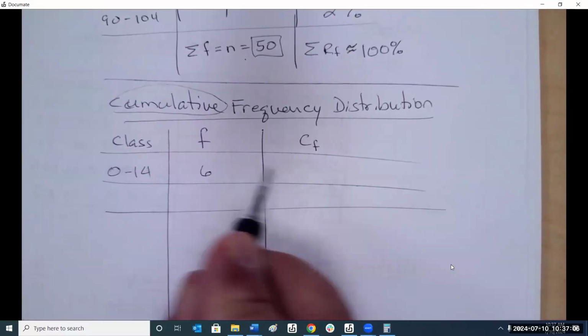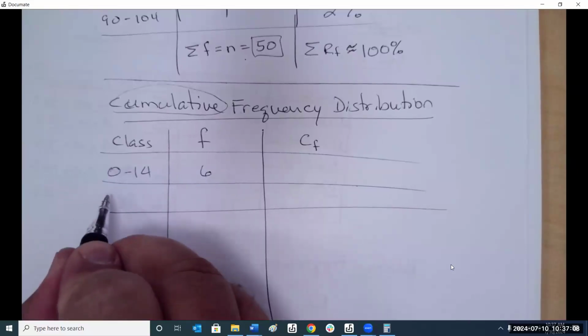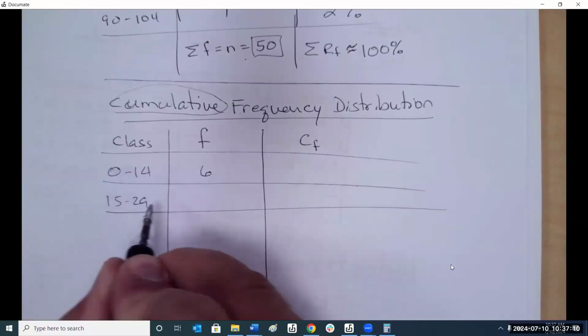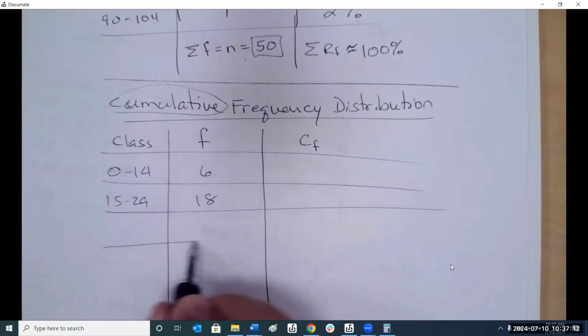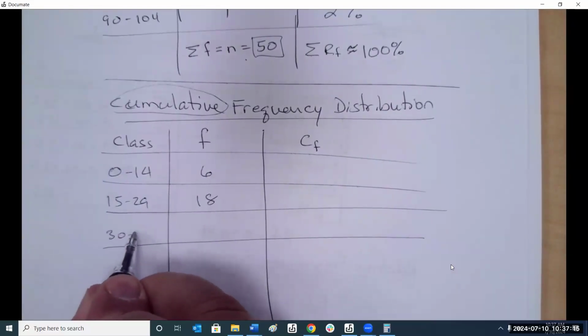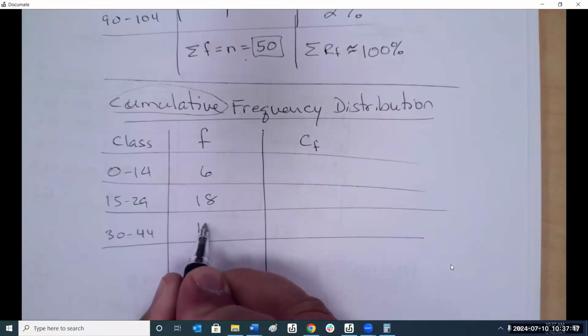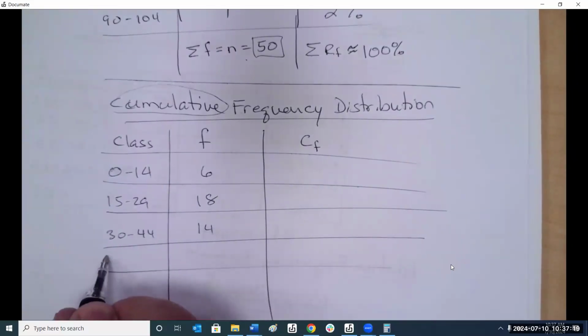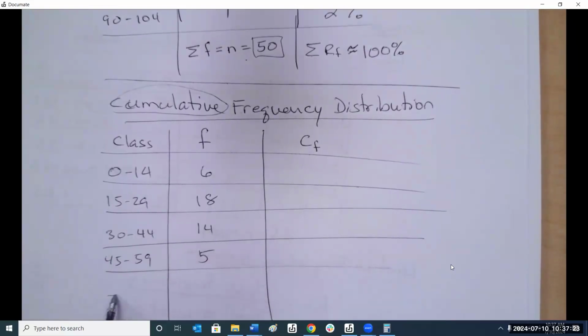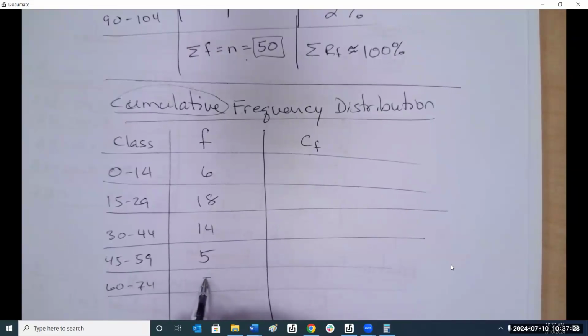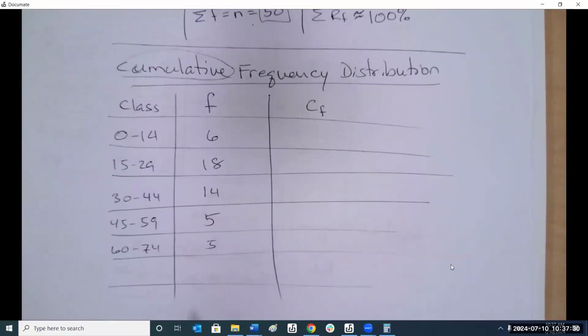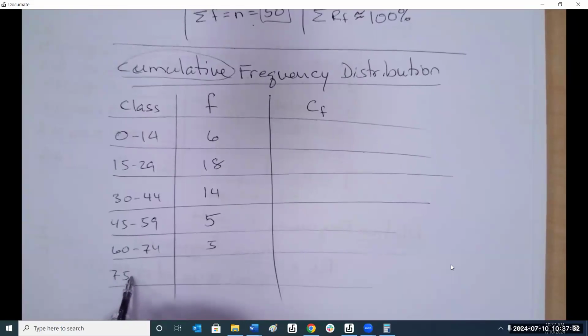So the first class, 0 to 14, is 6. 15 to 29 is 18. 30 to 44 is 14. 45 to 59 is 5. 60 to 74 is also 5. 75 to 89 is 1. 90 to 104 is also 1.